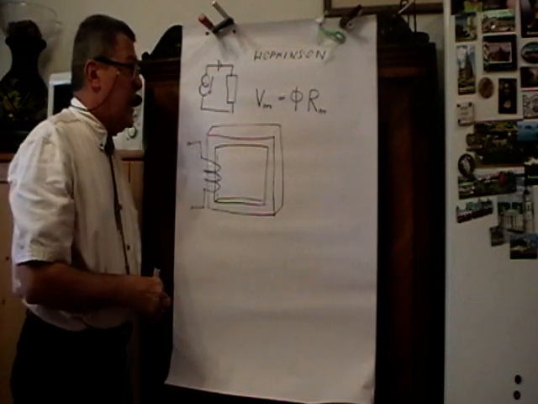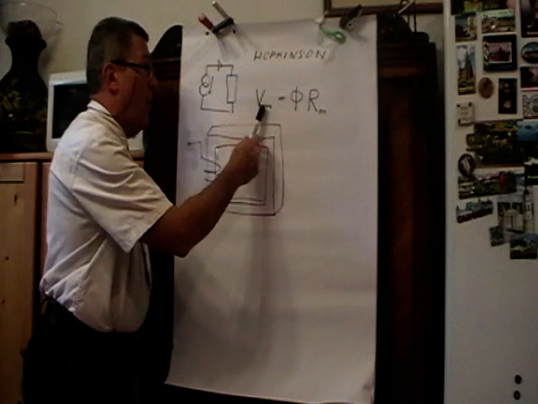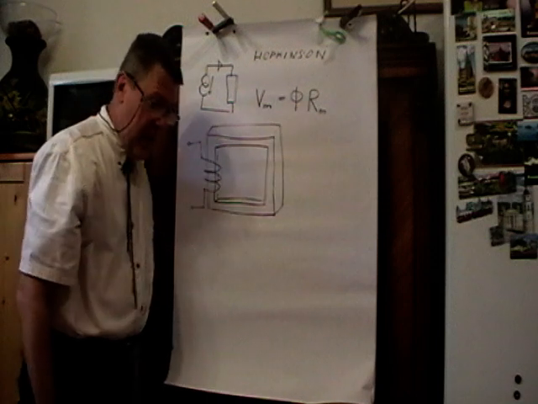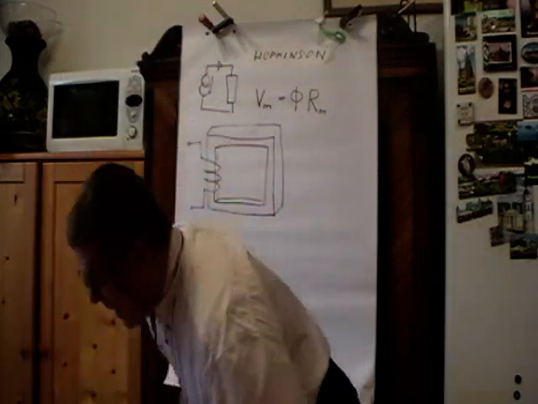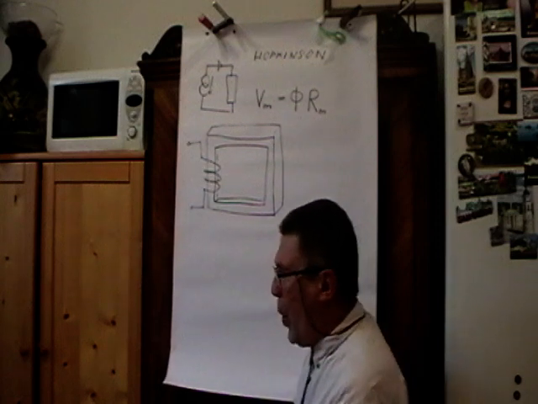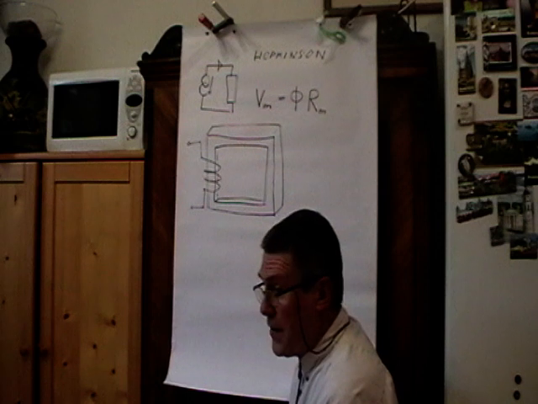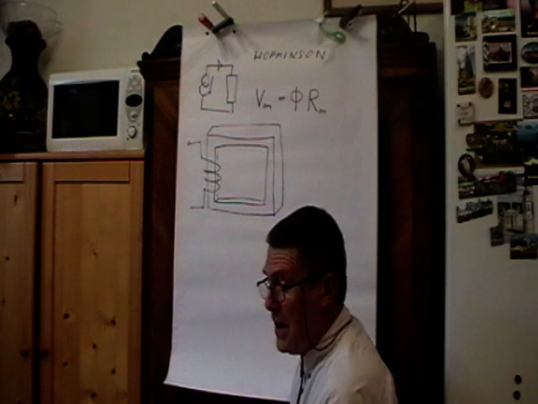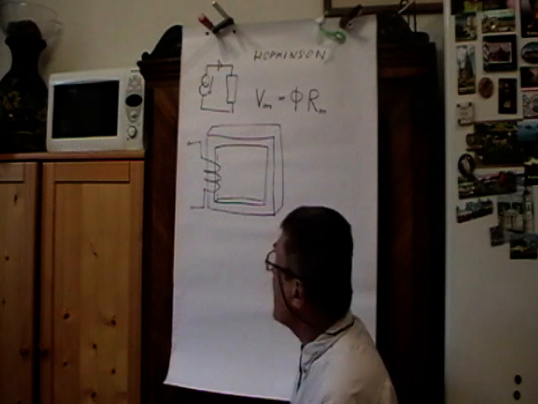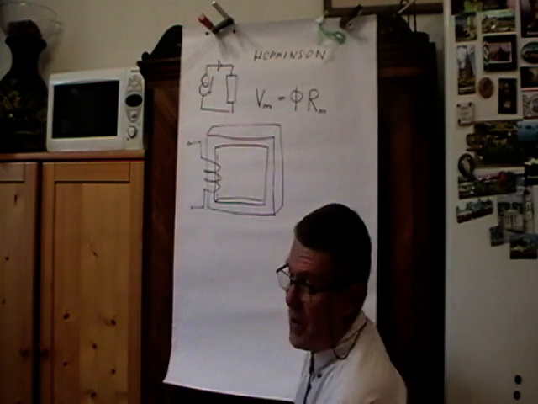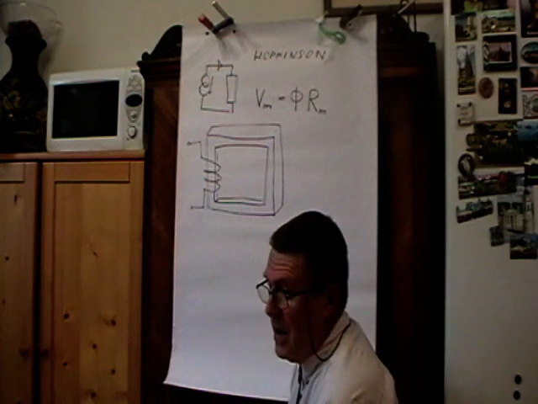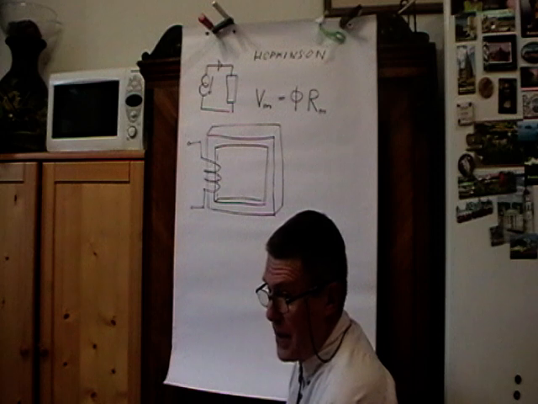Now, reluctance, voltage and flux. There is one important point that causes a lot of trouble. We have units for this. Let's start with the first unit, of this voltage, magnetomotive force.